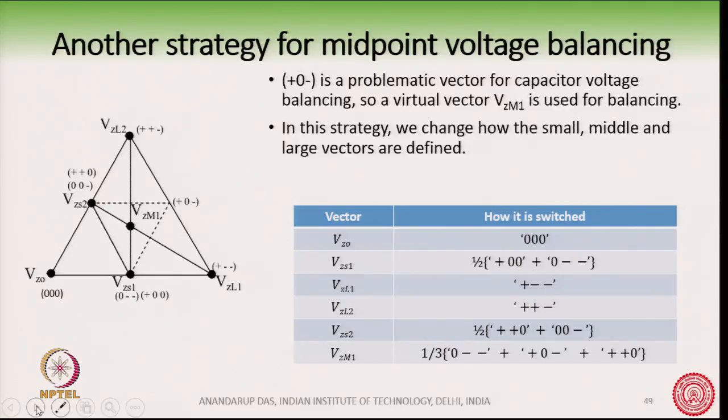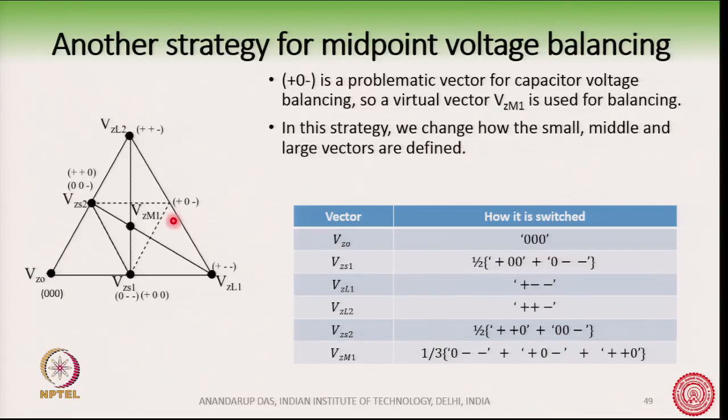So, remember that we had said that the plus 0 minus, or the medium vector or the middle vector, was the problematic vector, okay, for the capacitor voltage balancing. So, this vector plus 0 minus will not be directly used, okay, and we will redefine how we define the vectors in the sector.